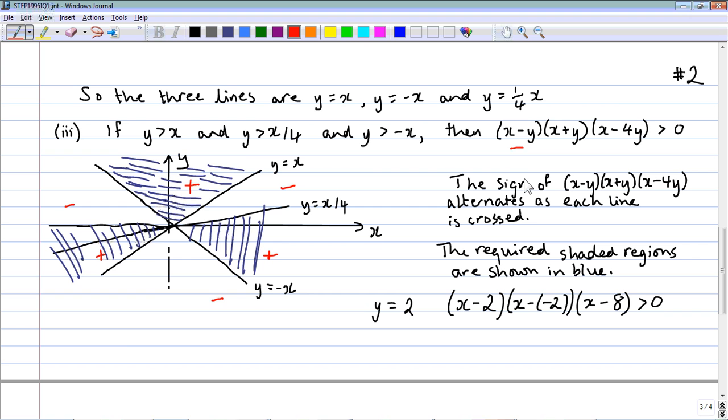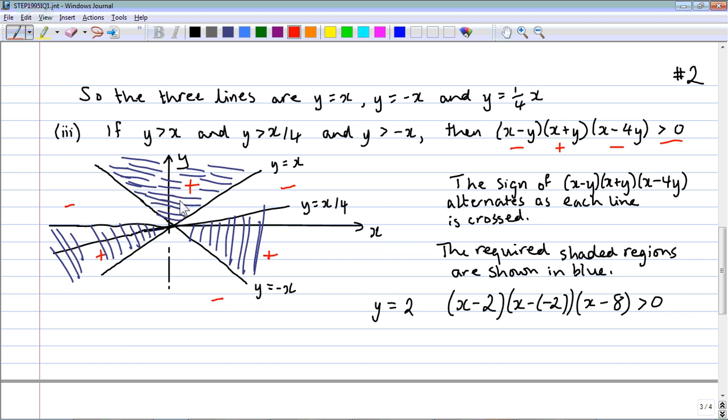And x plus y could also be written as y minus minus x, which is a positive number, and x minus 4y is the negative of 4y minus x, and we're above the line x over 4, so that's also a negative number. So we see we have 3 factors: minus, plus, minus, giving us overall a positive quantity. So that's why I shaded the region here, as requested by the question.